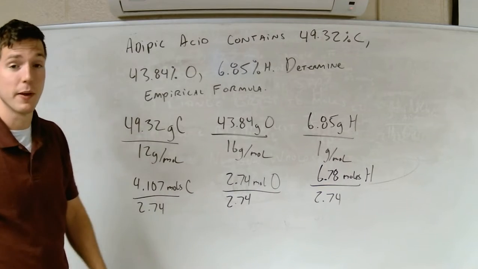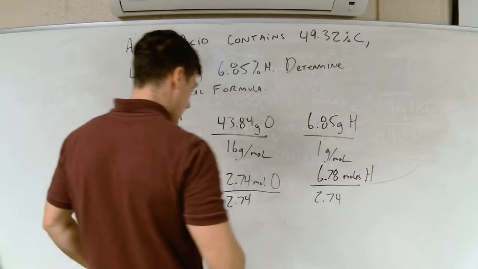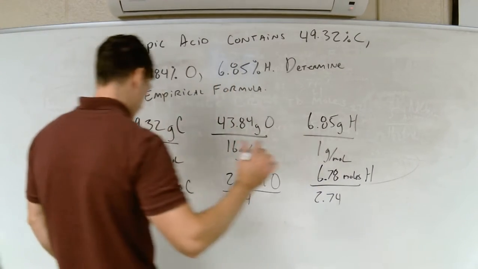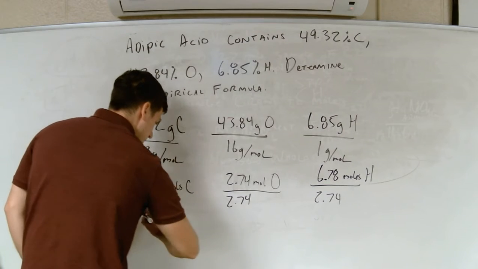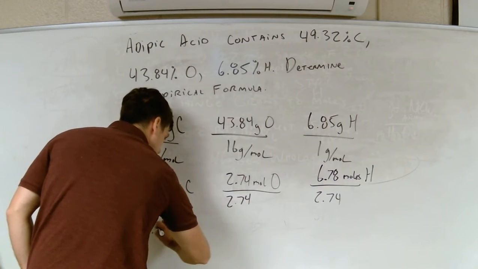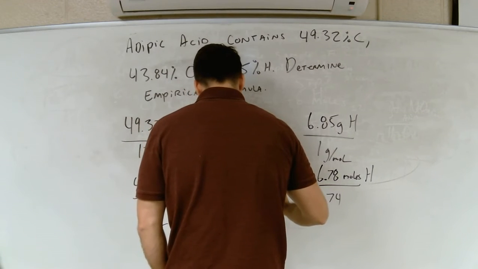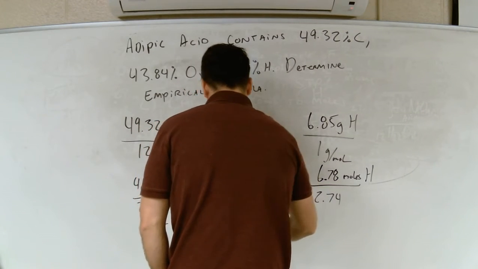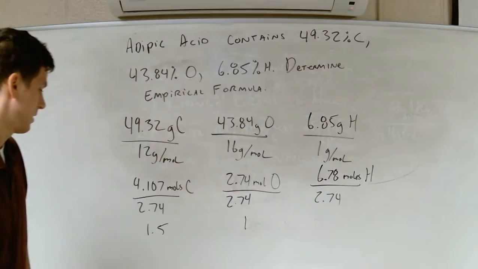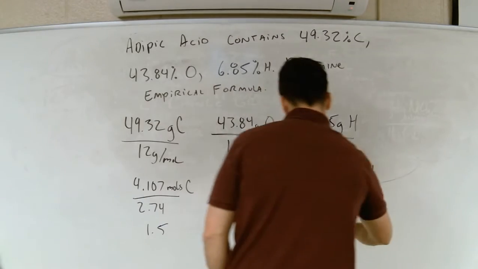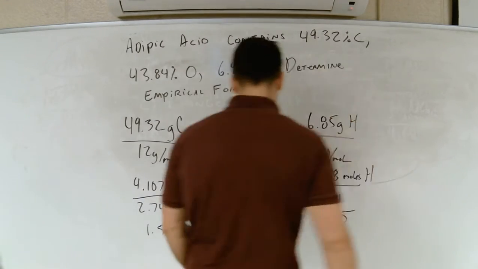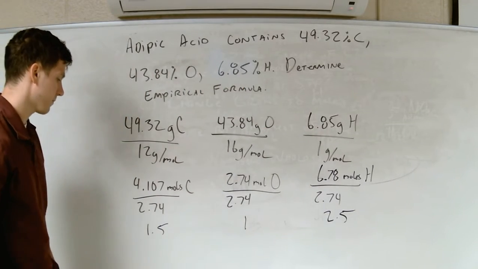Anyway, so we divide these and we get something like 1.5 here, 1 here, and 2.5 here. Okay?